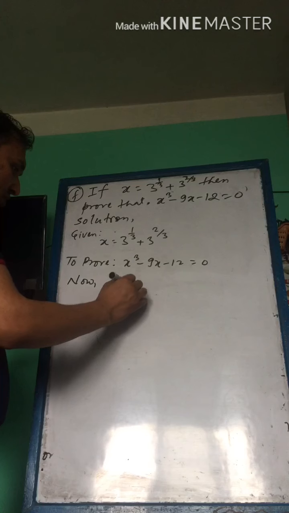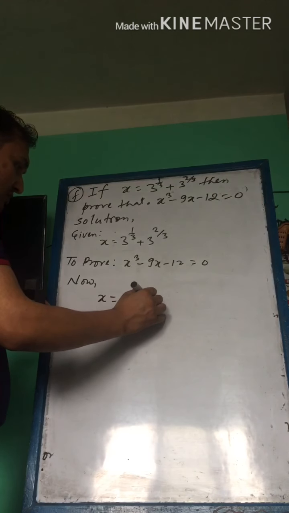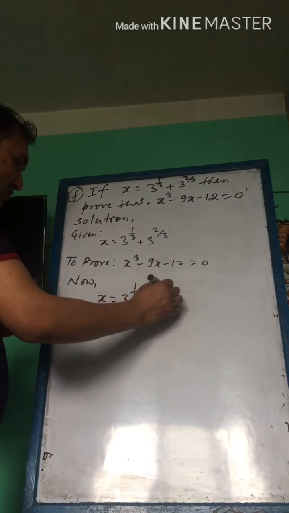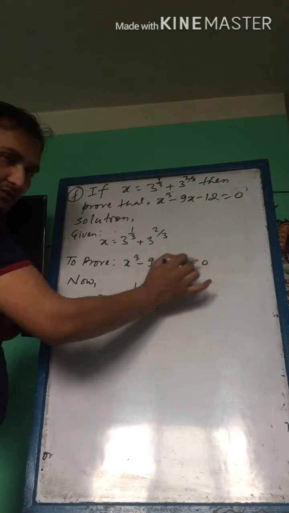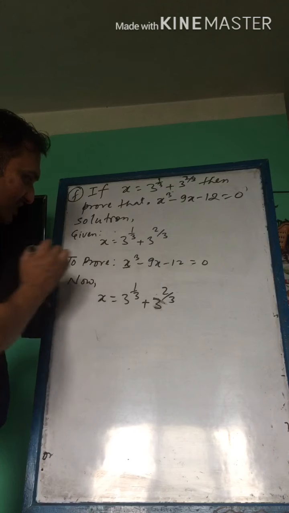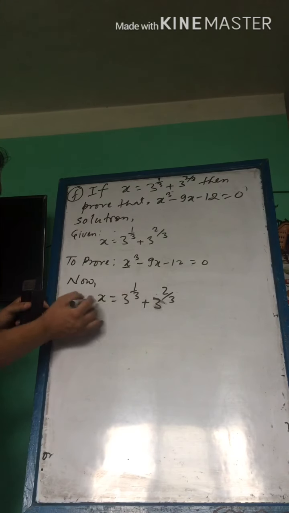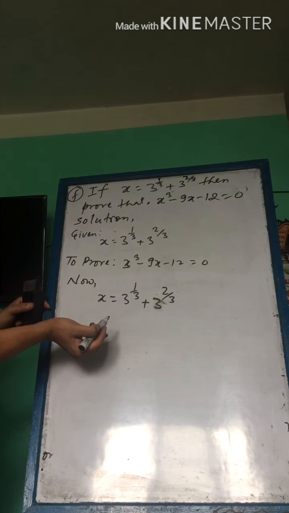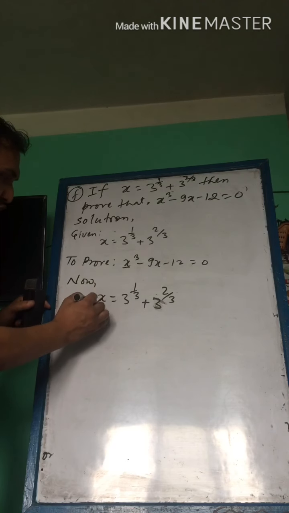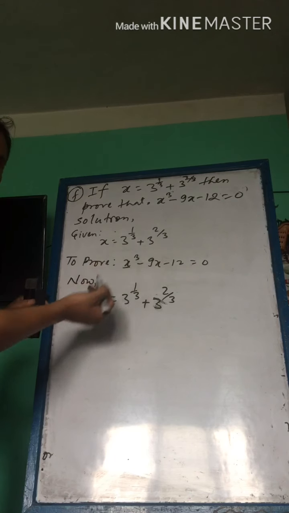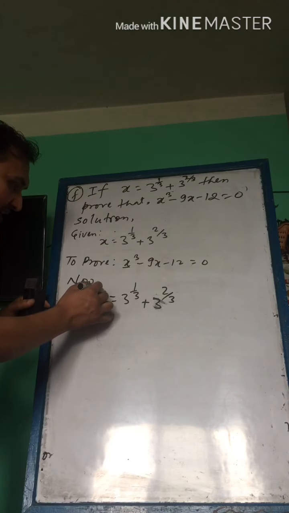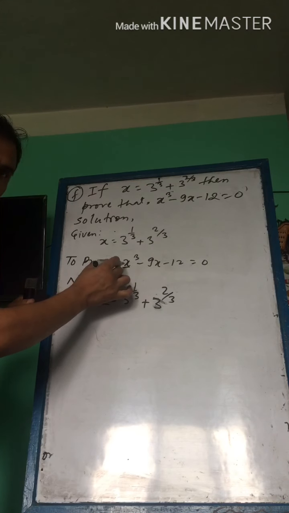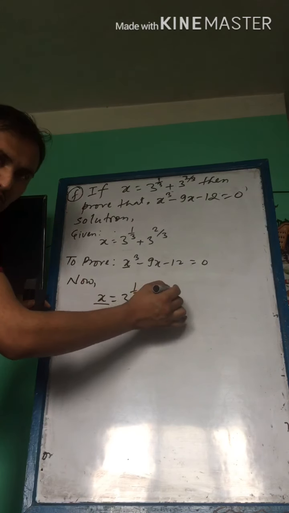X equals 3 to the power 1 upon 3 plus 3 to the power 2 upon 3. Let us start from this. Now from this we have to show this, which means we have to bring x cube. But how does x cube come from here? There is no chance unless you cube this. Unless you cube it, there is no chance of x cube coming. So in the first step, if you cube this side, then you will get x cube. If you cube here, on that side also you have to cube it.